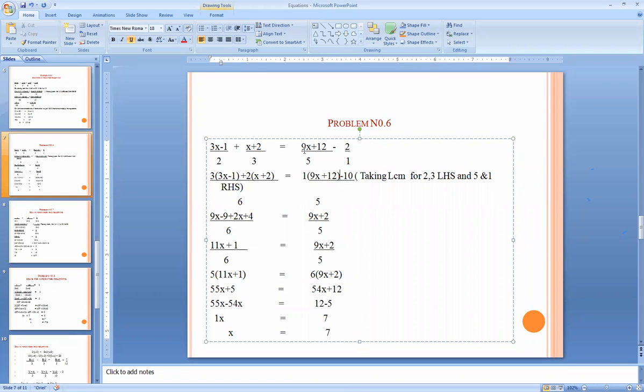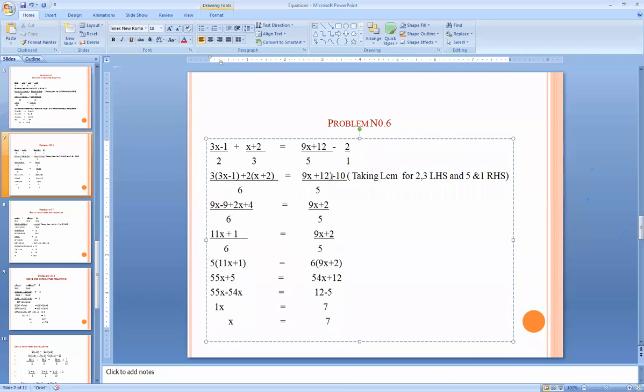With that 1 we should multiply 9x plus 12. Are you followed? When you multiply with 1, it remains the same, so we have written it very easily, with no need for one more step. After multiplication the value doesn't change, so we have written directly 9x plus 12 minus.